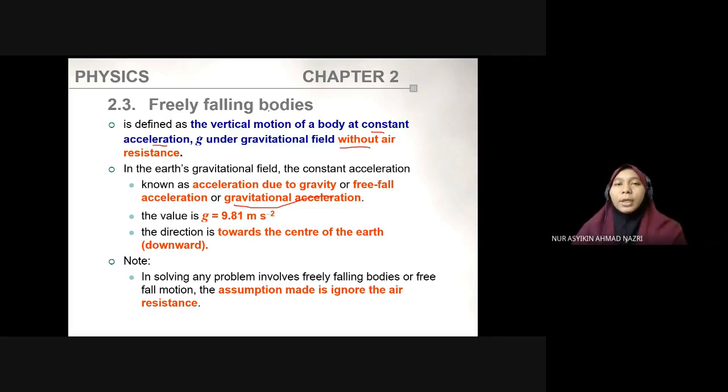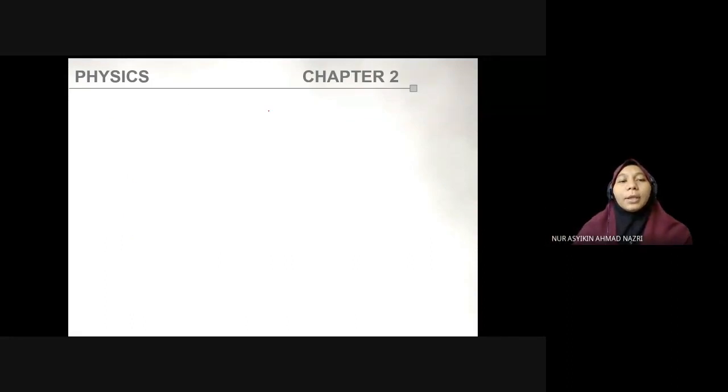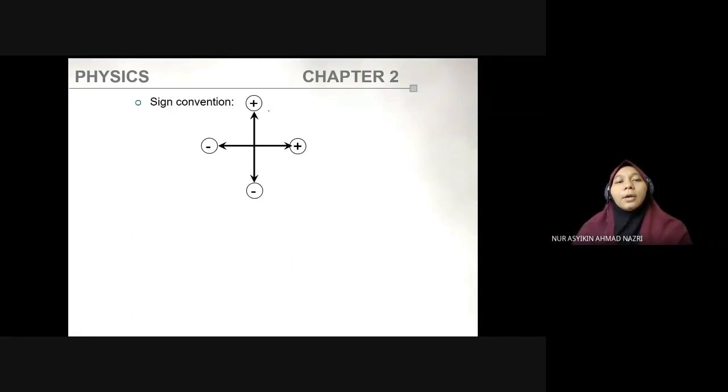Sebab nanti when you go for a higher level, baru awak consider the air resistance. But for this time being, then we stick to just simply negligible. Okay, neglect sajalah the air resistance. Okay, so for the sign convention, this is very important.